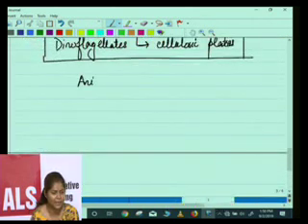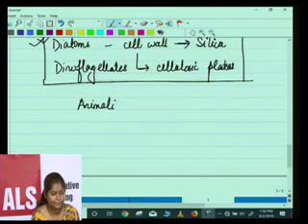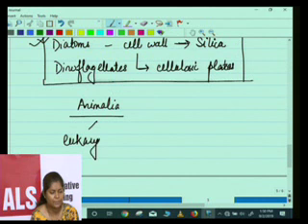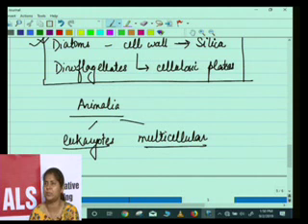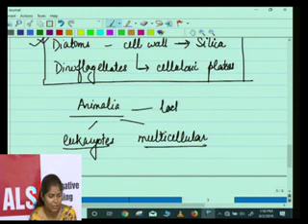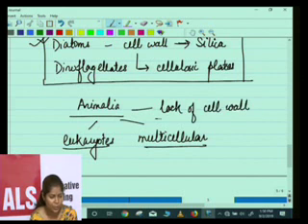The features of kingdom Animalia are, all the animals are eukaryotes and they are multicellular. Two most important characteristic features of the animals, and obviously lack of cell wall would be the next important character.